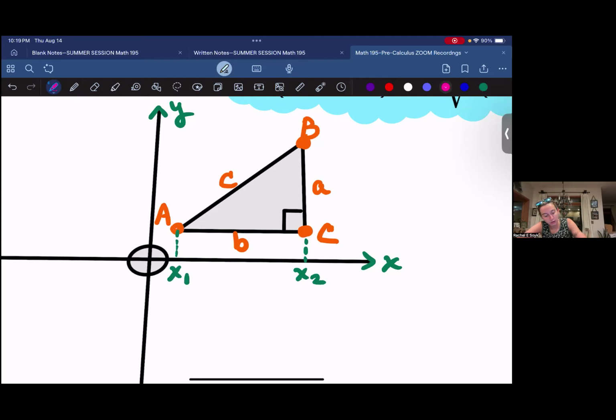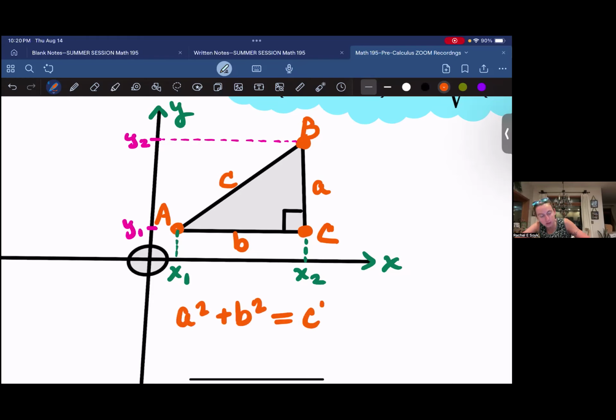And then for our y coordinates at A and C, we have a little y1. And then at our B, we're going to call this y2. Okay. So we know Pythagorean theorem. What is Pythagorean theorem? Our two legs, right? Our a squared plus our b squared is equal to our hypotenuse squared.